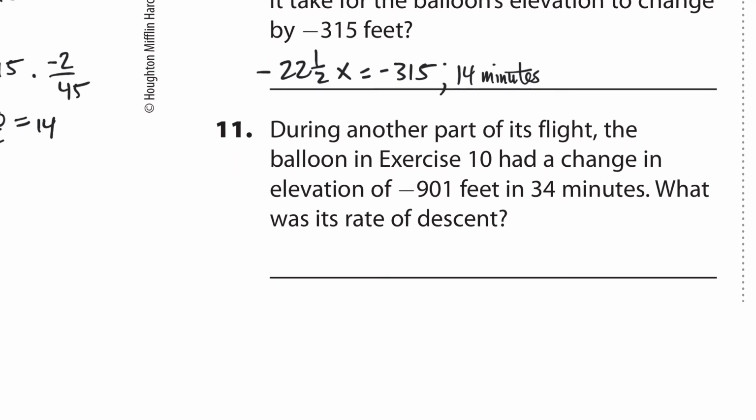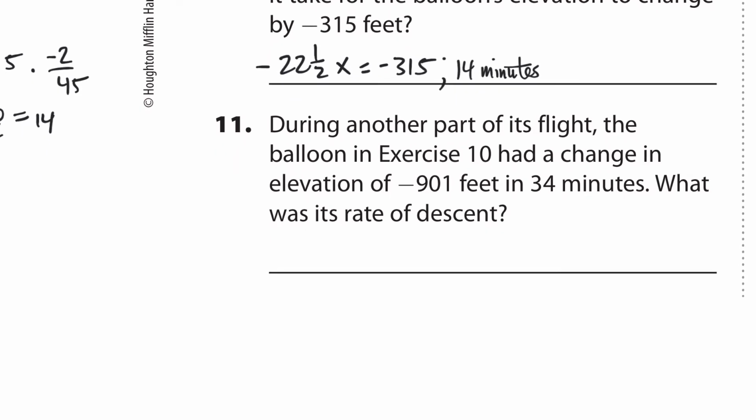Number 11. During another part of its flight, the balloon in exercise 10 had a change in elevation of negative 901 feet in 34 minutes. What is its rate of descent? Well, what you would do is take negative 901 and divide it by 34.